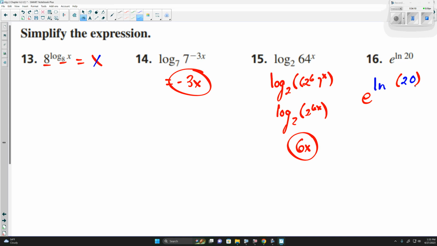But ln's base is different. Its base is e. So e to the ln, base e of 20. Our answer would be 20.